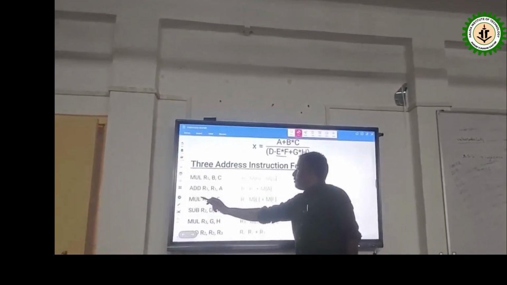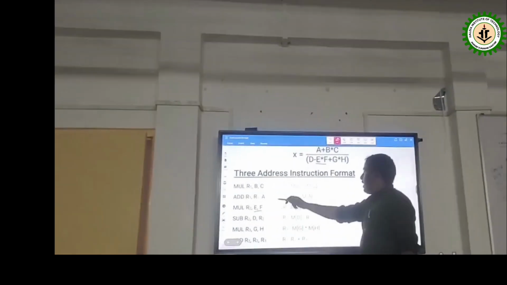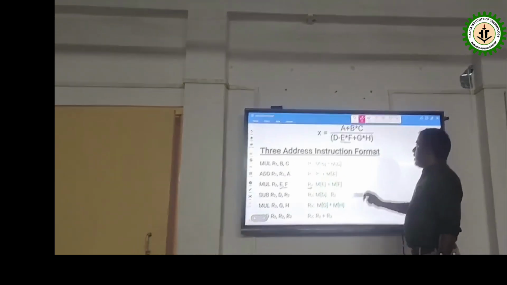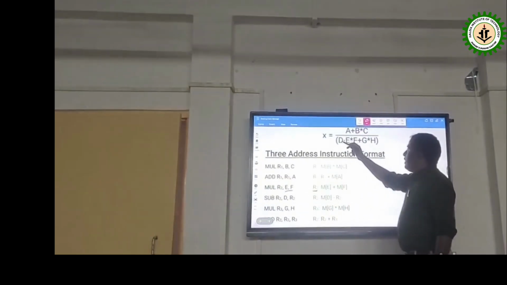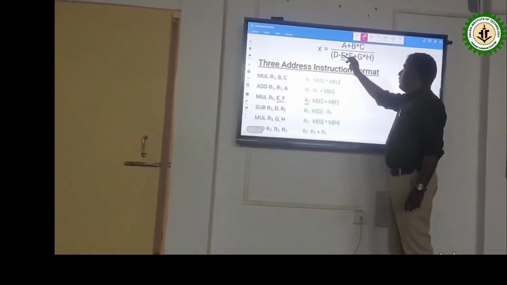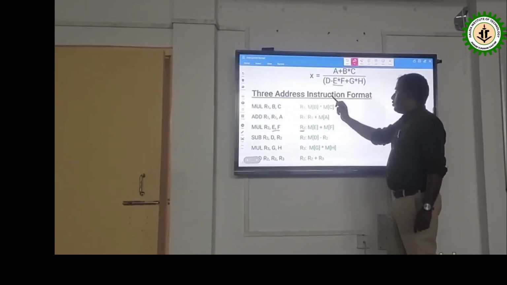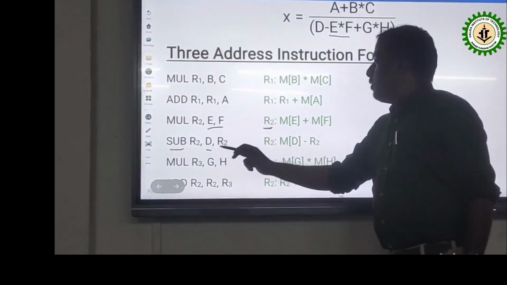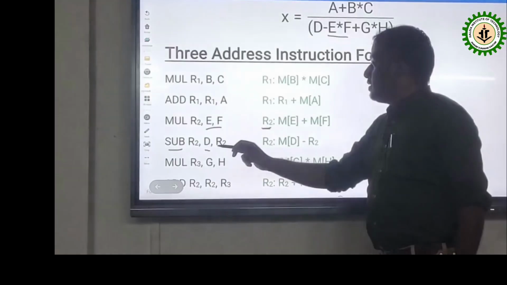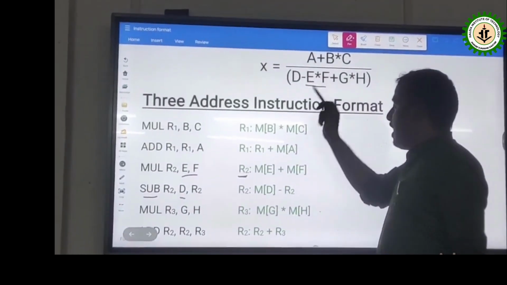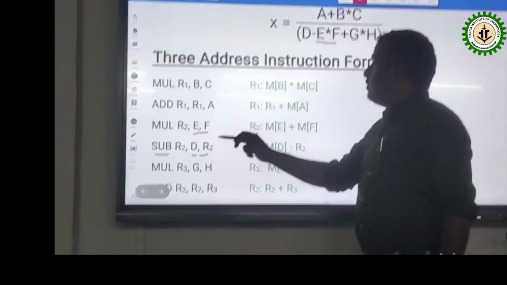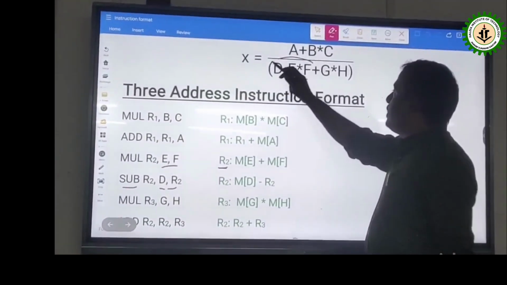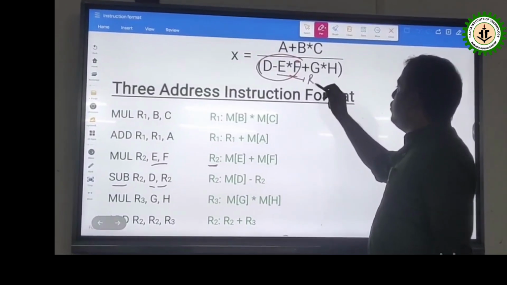Then it will be subtracted from the memory content of D. So the memory content of D minus R2, that is the current value of E star F, will be subtracted and the result will be stored in register R2. So the whole result is stored in register R2.